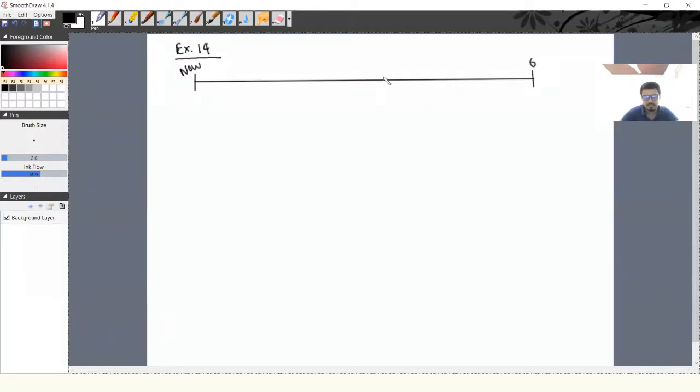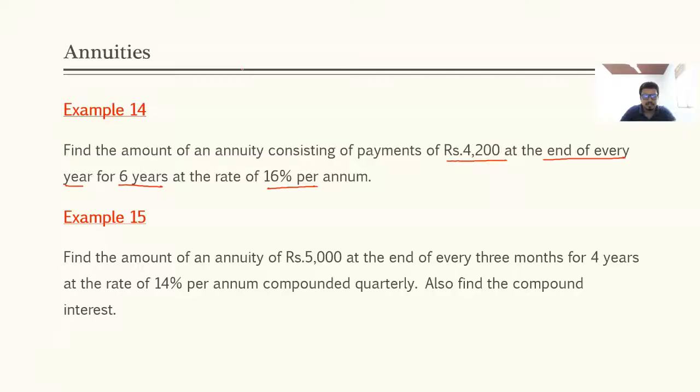This is at the end of 6 years. At the end of year 1, year 2, year 3, year 4, and year 5. It says: find the amount of an annuity consisting of payments of 4,200 rupees at the end of every year for 6 years.